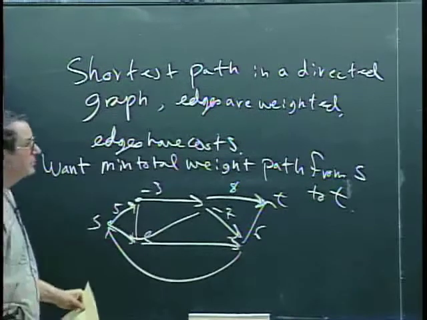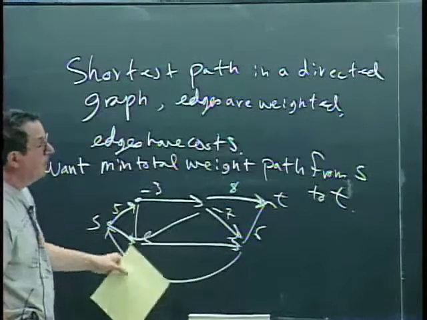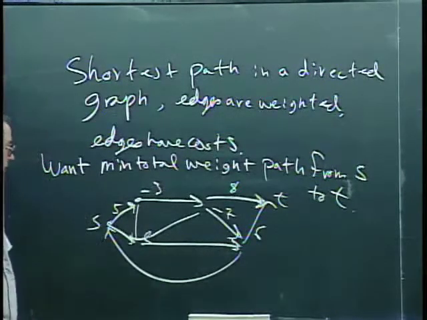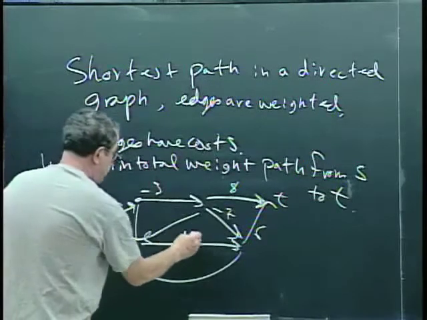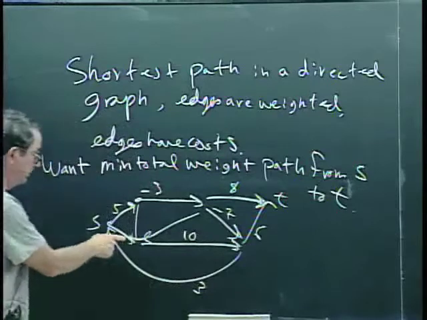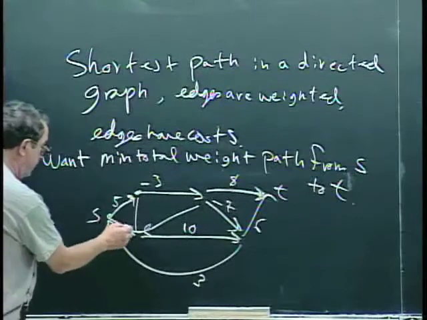So we're assuming that even though there may be directed cycles, there are no directed cycles that have total negative weight. So if this is a 10 and this is a 3, then if this is negative, it's got to be larger than negative 14.